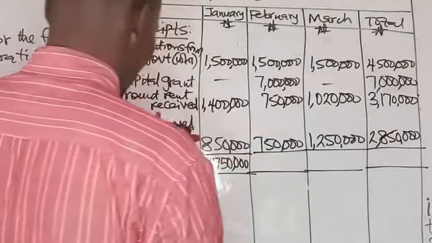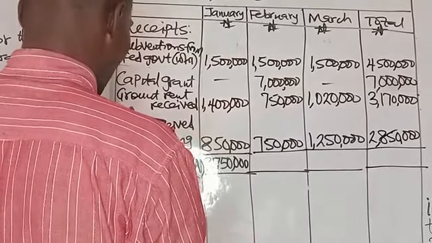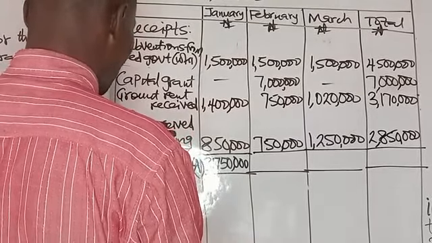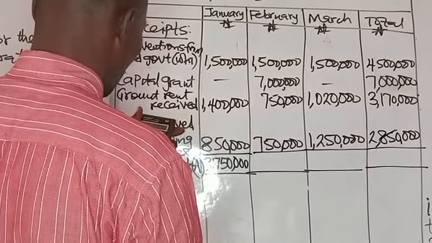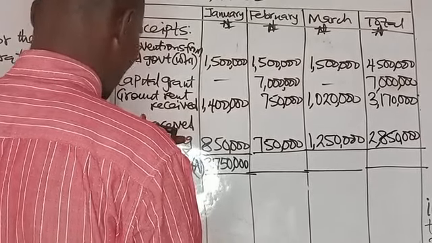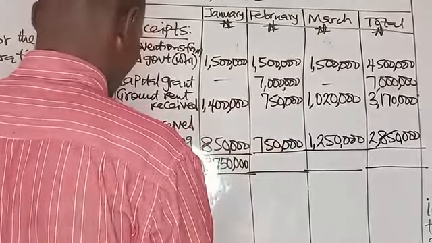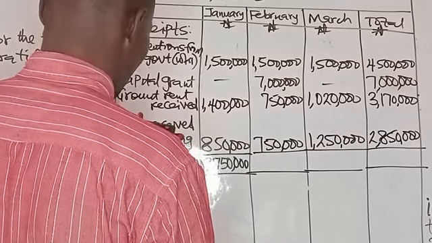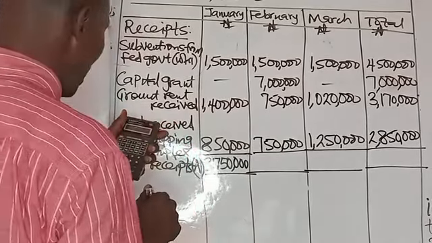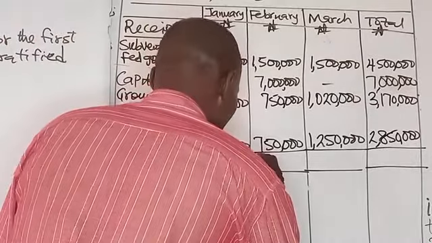In February, 1.5 million plus 7 million, that is 8.5 million, plus 750,000 plus 750,000, so we have 10 million naira.